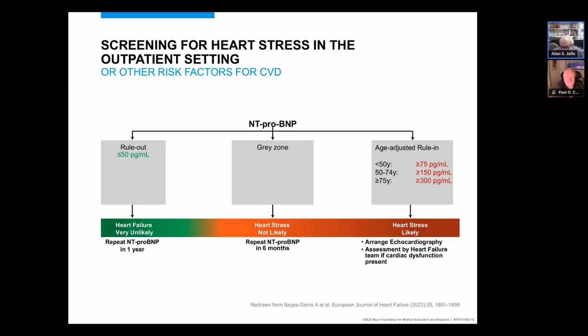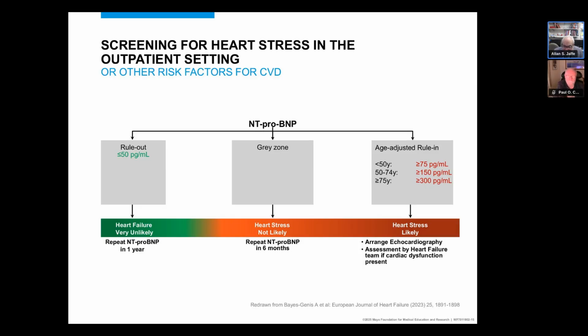Age-adjusted rule-in values of greater than 75, 150, and 300. Again, very much lower than the acute heart failure activities.